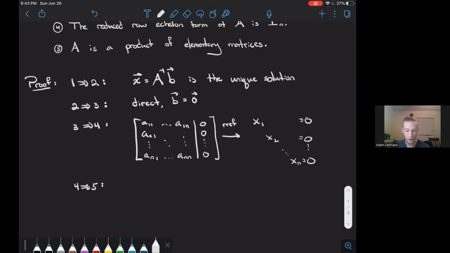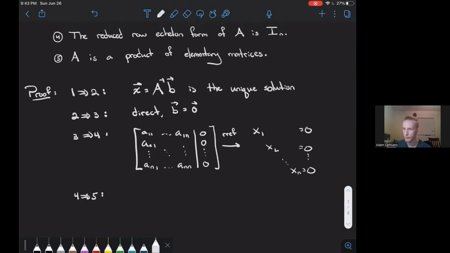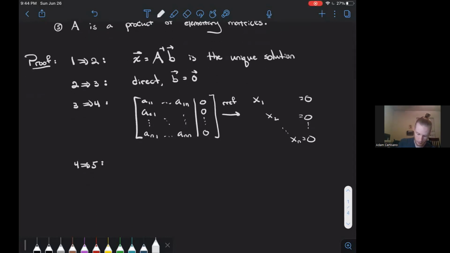We want to assume that the reduced row echelon form of A is the identity, and we want to prove that A is the product of elementary matrices. Well, there's a sequence of row operations taking A to the identity.